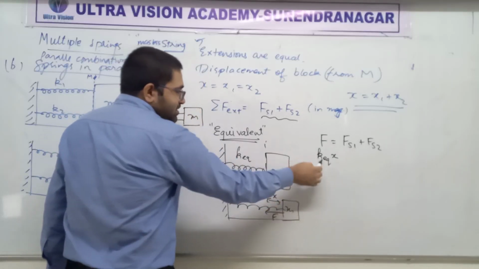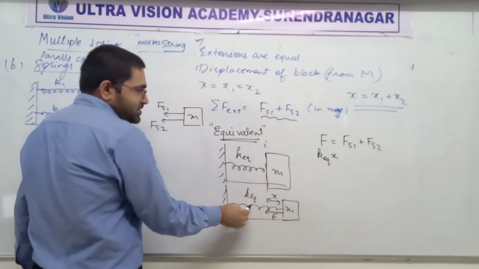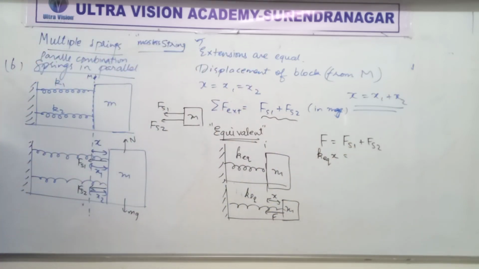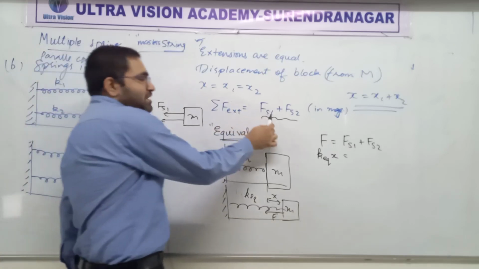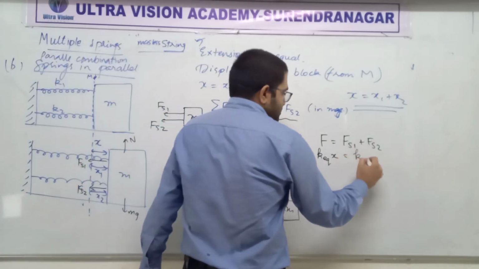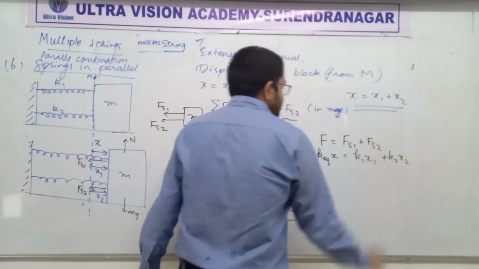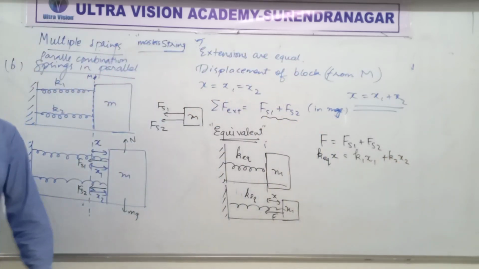Elongation x, spring constant K equivalent, is equal to Fs1. What is Fs1? Spring force by the first spring, K1 x1, plus K2 x2.